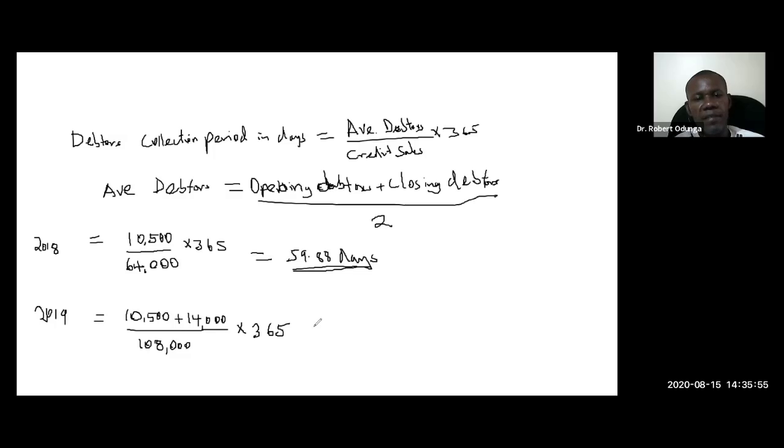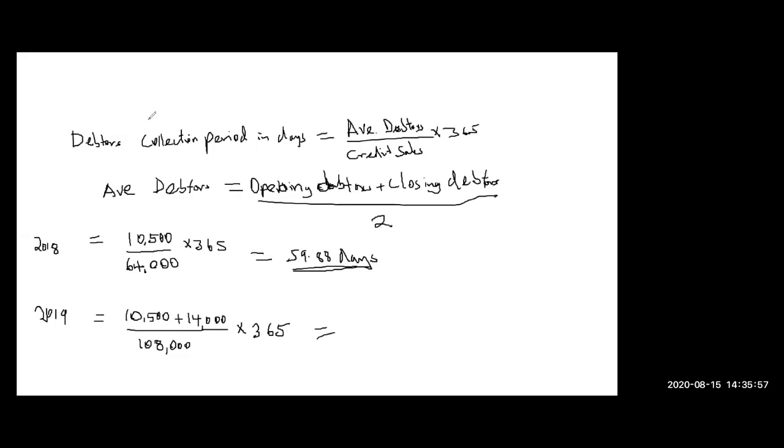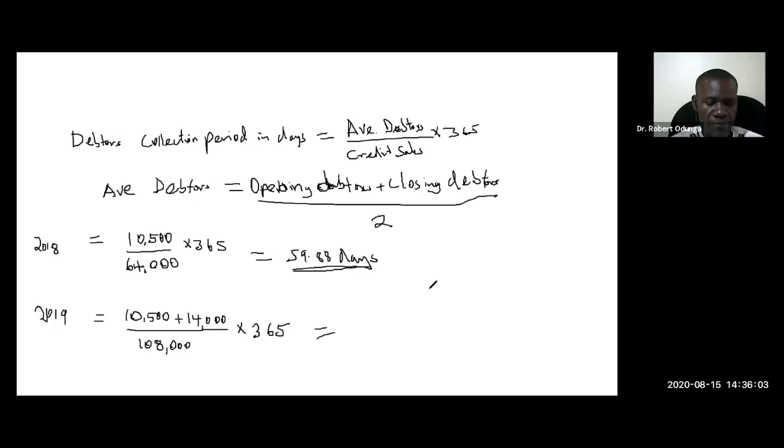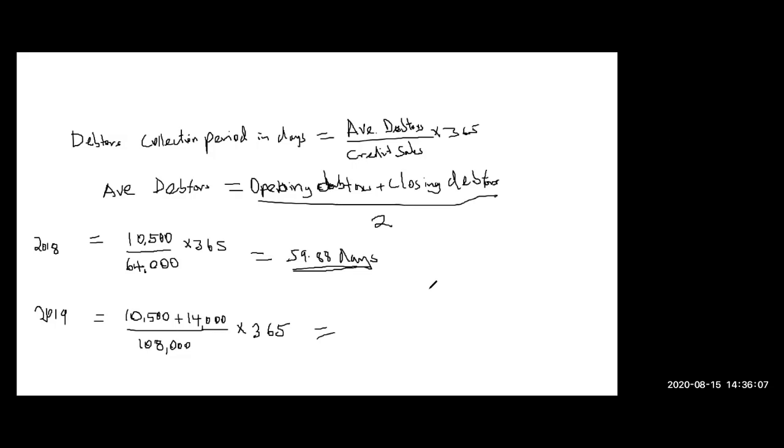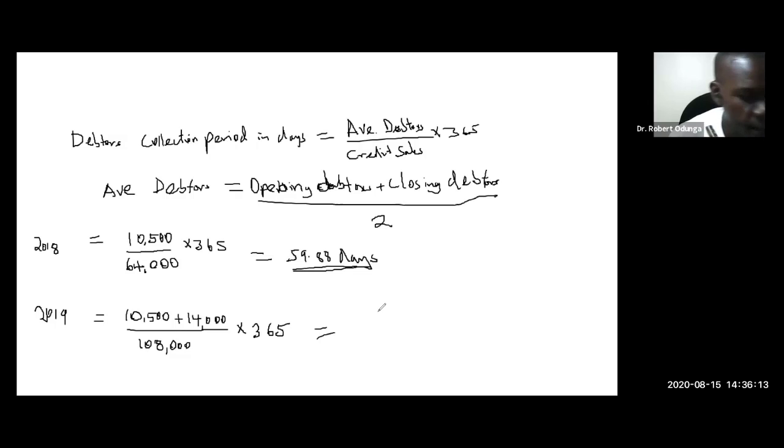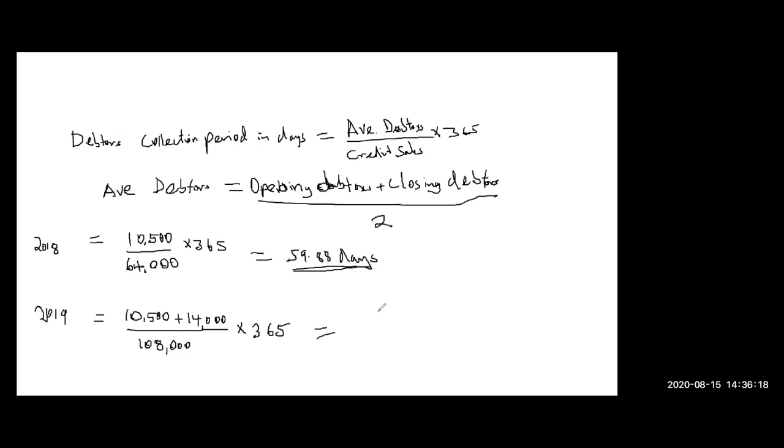So what will this give us? 12,250 divided by 108,000. How many days are you getting? Some are getting 83.